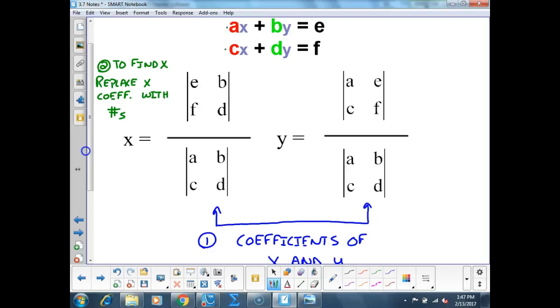The two X coefficients were A and C, and I replace them right there with E and F. Because if I didn't replace them, X would always be equal to 1, because I'd be dividing the same thing by itself every time. And we've known for years, X is not always 1.